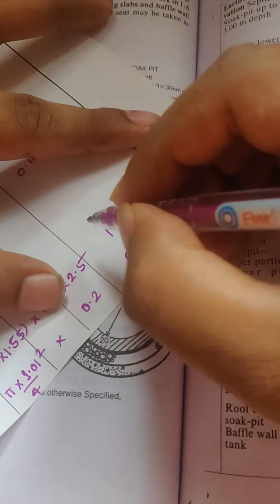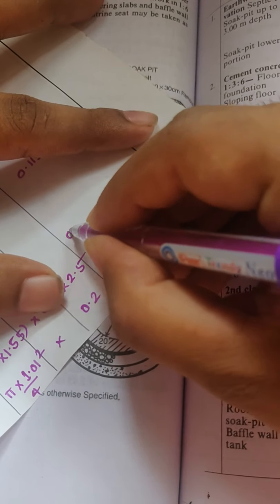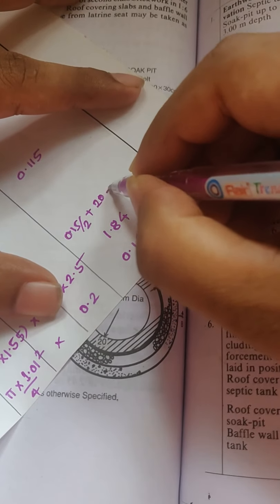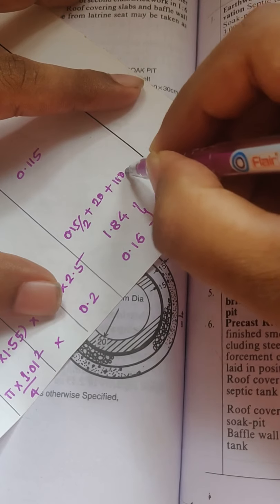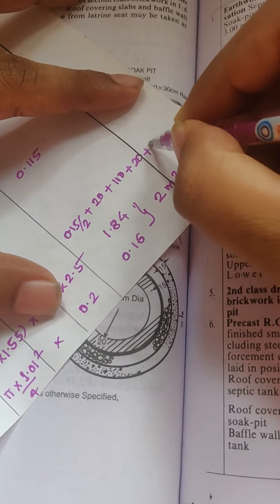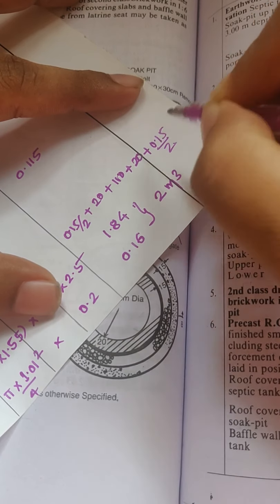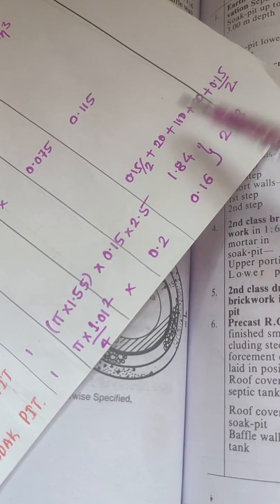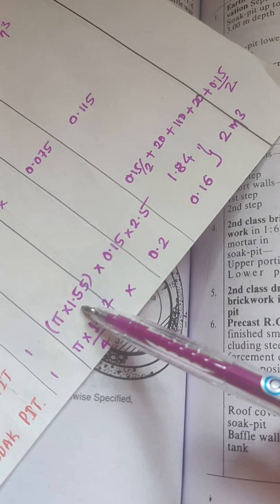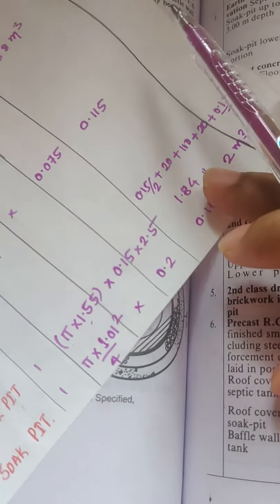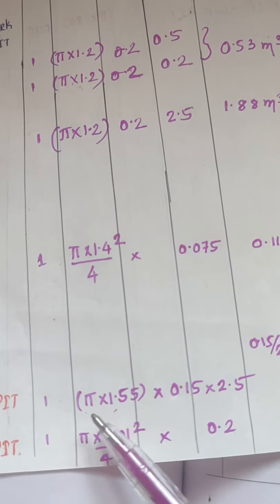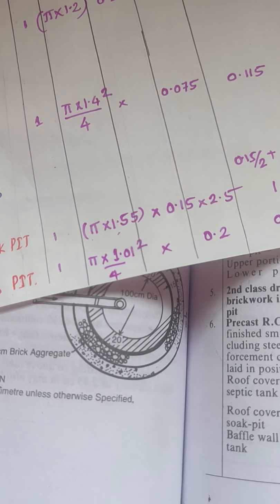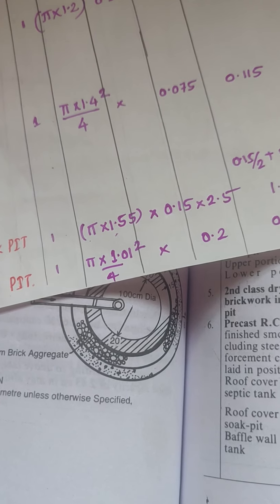So into it is 0.15 by 2 plus 20 plus 100 plus 20 plus 0.15 by 2. So add all this, you will get 140 plus 15, so 1.55. So we have taken this as the circumferential length, right?